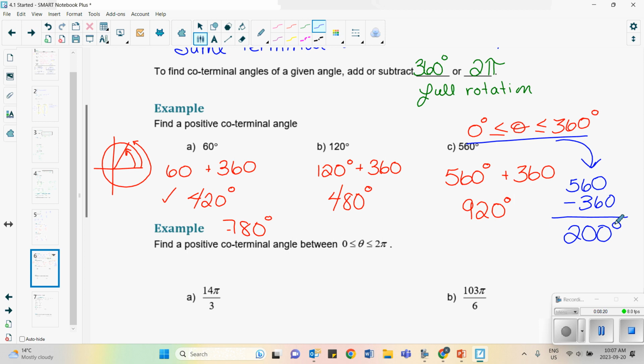Could I take a full rotation over here? No, I mean I could, but then I'd have a negative angle, and you don't want that. I couldn't take it over here because we haven't gone a full rotation. It's these sneaky ones that already have the full rotation in it. You're going to take it out. Okay? Nothing terrible math-wise there.